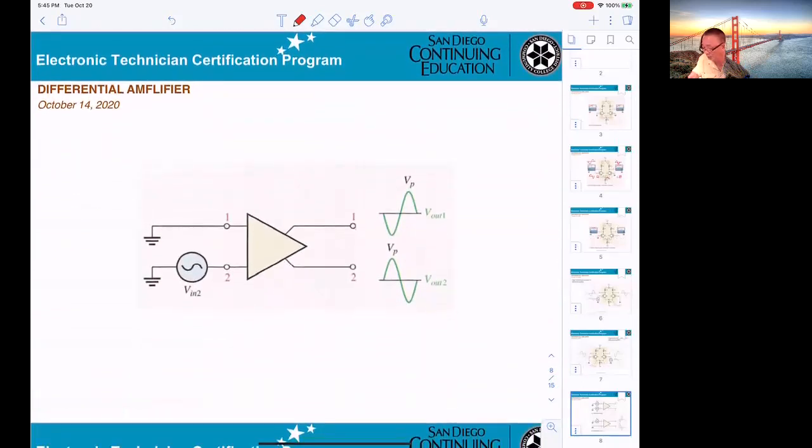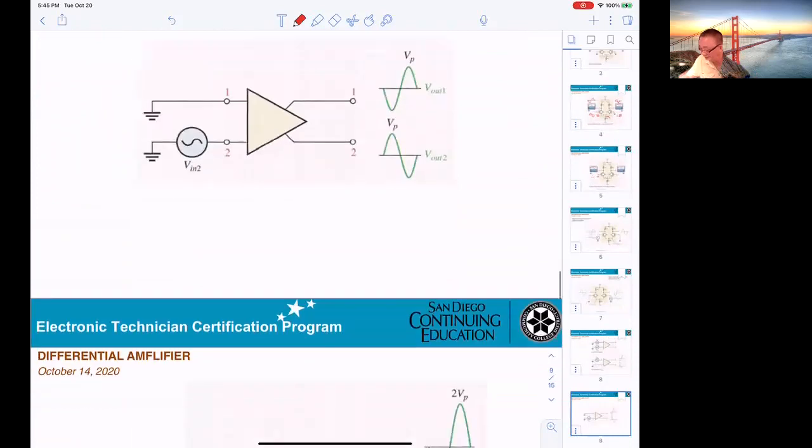That's just a further display. So you can see V in 2 now will be opposite to output 2, and input 1 will be in phase. That means one will be common emitter, and one common base.